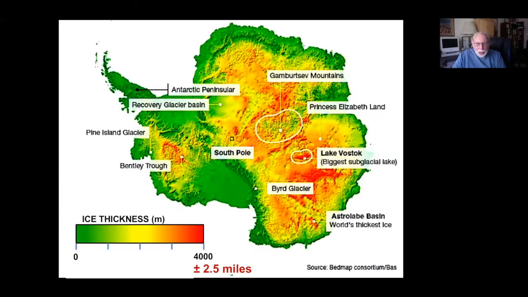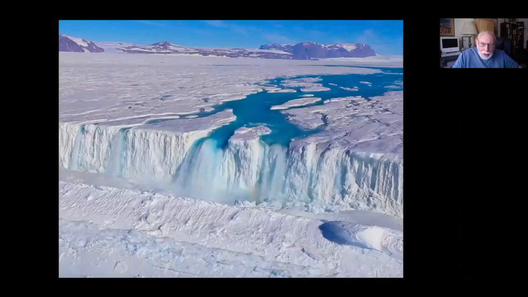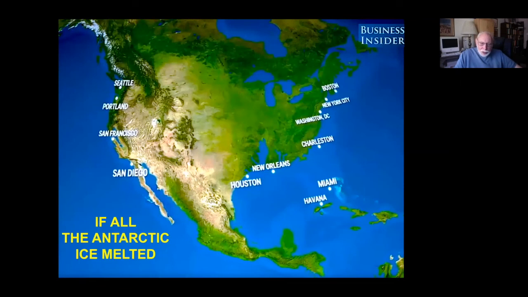There's still a lot of ice on Antarctica, about 2.5 miles over much of it. That ice is melting today. And this is a point of concern. If it all melted, the coast of the United States would look very, very different.